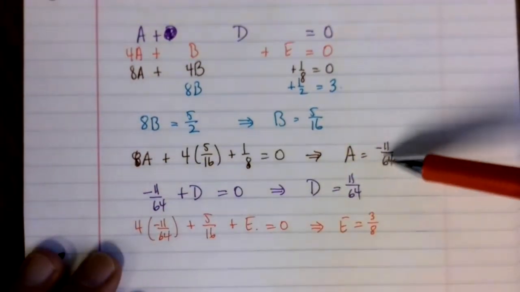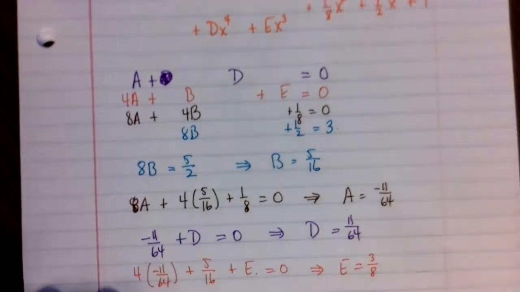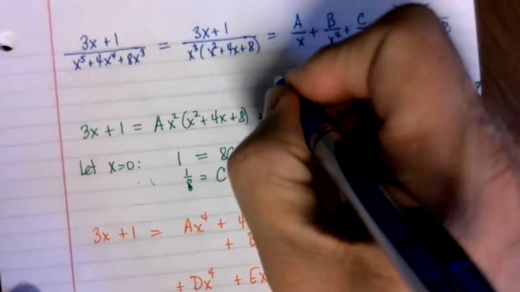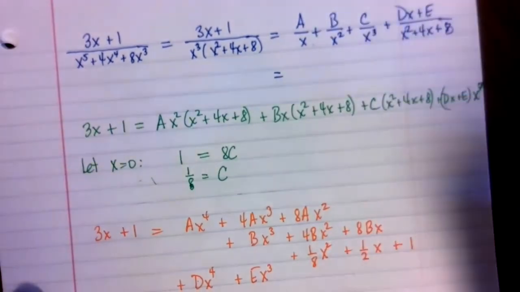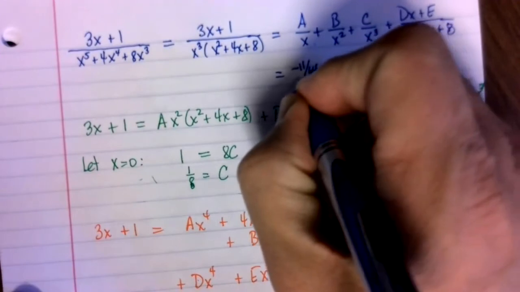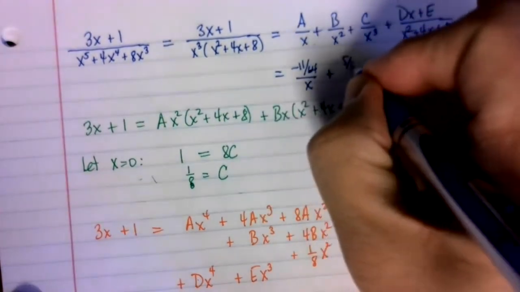And so I've got my a, b, c I found way up here, and I've also got d and e. And so I've now solved the problem, so I come back to my top here. A was equal to -11/64. B was equal to 5/16.